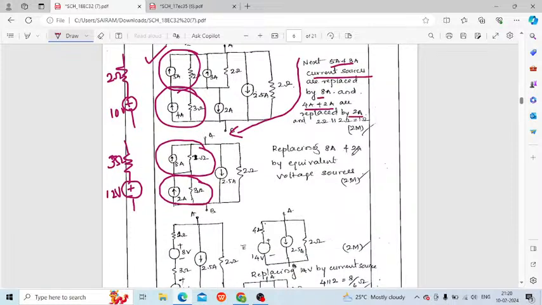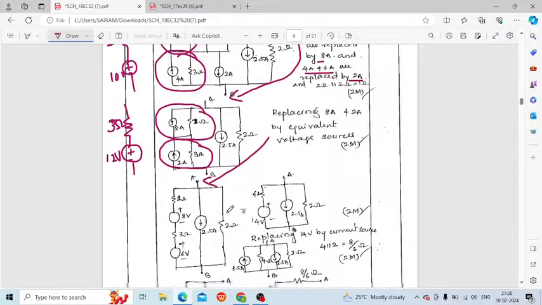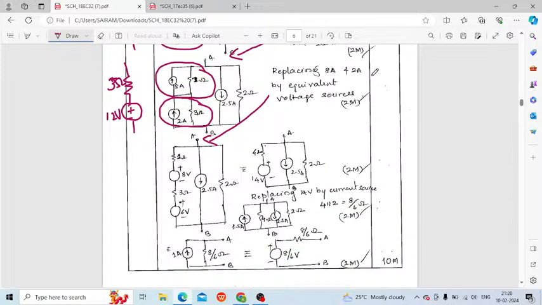Now replacing 8 ampere and 2 ampere by the equivalent voltage sources. So see, this part has to be written over here and then the diagram. So 8 and 2 are replaced by their voltage sources. Now you can see that this particular thing is nothing but practical current sources in series. That is why I told you to please learn all those, or else you can't even get to know what the things are, right?